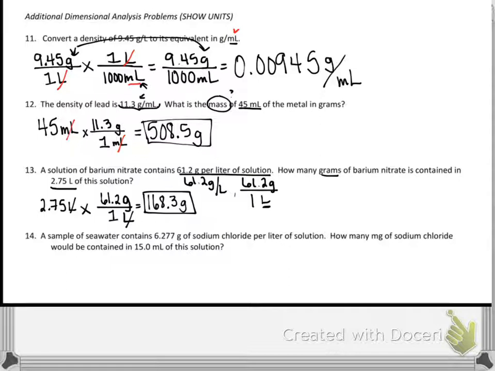Our given in this case is 15 milliliters of the solution, and the 6.277 per liter is information that will help us get somewhere. So you're going to write down 6.277 grams, again, per liter, remember, this means that this is numerator and this is denominator. So how many milligrams? That's not even here because we have grams. We don't have milligrams. So let's see what we have to do. Again, our given, 15 milliliters.